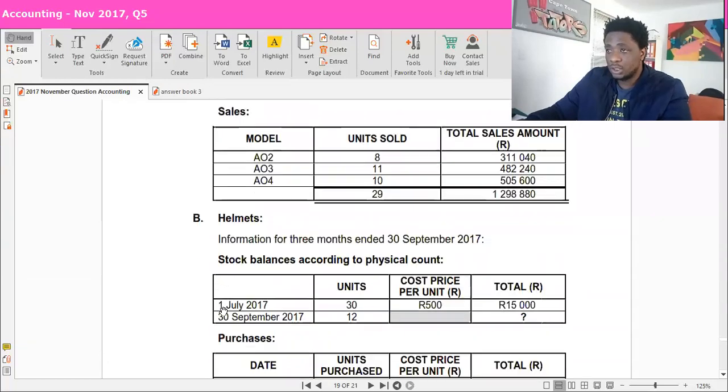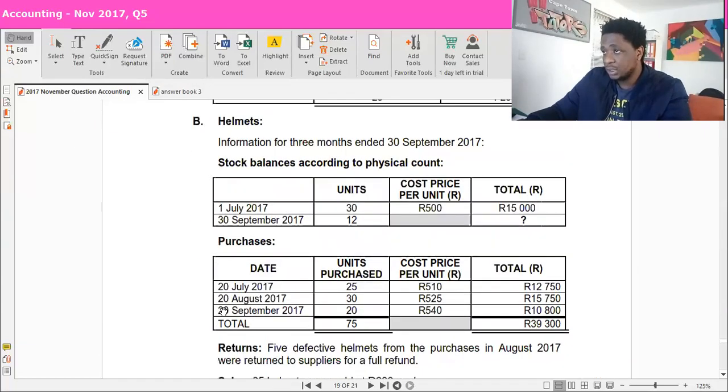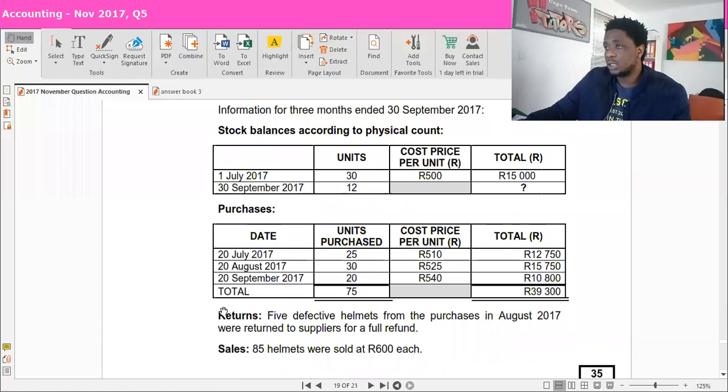Okay. Firstly, we need to make sure that he's actually right. So what we need to do in this case would be to say, well, you had 30 units at the beginning, you add the 75 units, you subtract the 5, and then you subtract the 85 units. After you do that, you should be left with the number of units that are on hand.